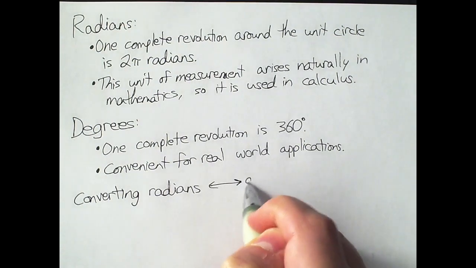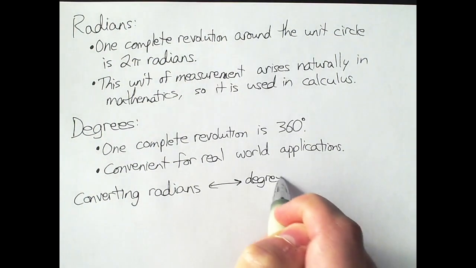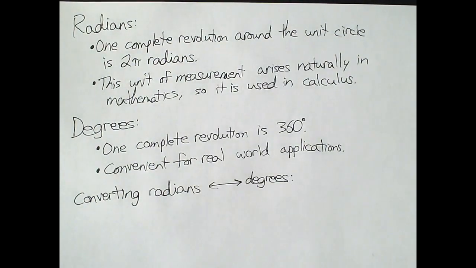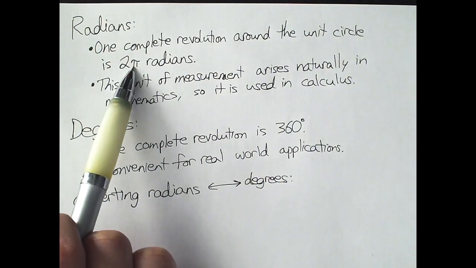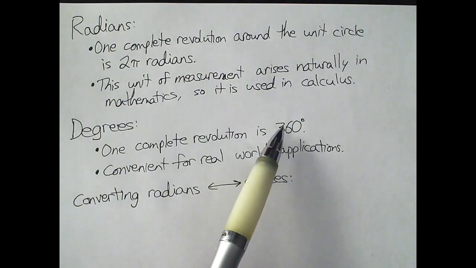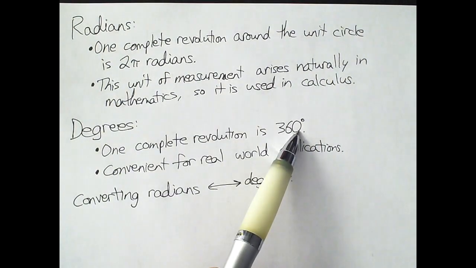So we need to be able to convert back and forth. There's already one that we've done, which is pi over 4 radians is equivalent to 45 degrees. There's another one here. 2 pi radians is equivalent to 360 degrees.